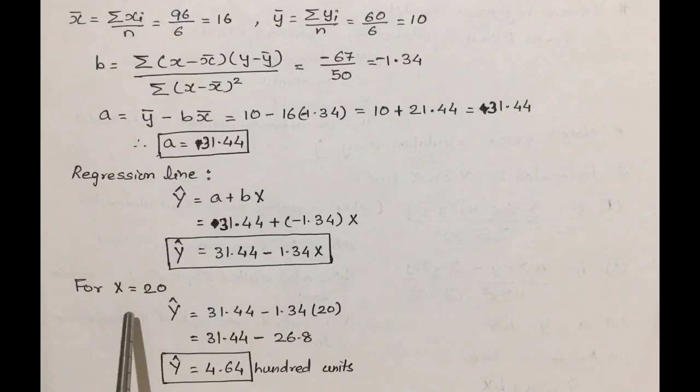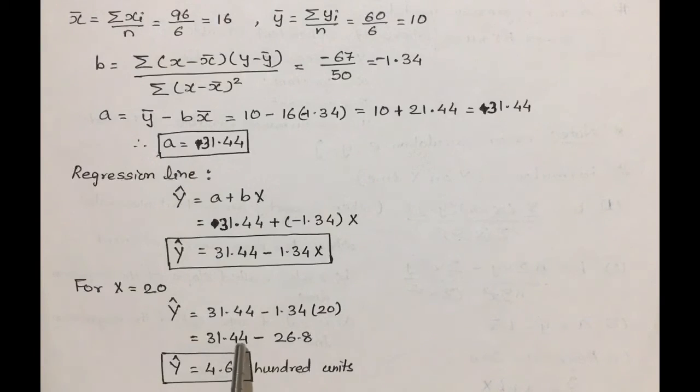Now it is said that when x is 20, what is the value of y? So in the regression line, keeping the value of x as 20, 1.34 into 20 will give 26.8.